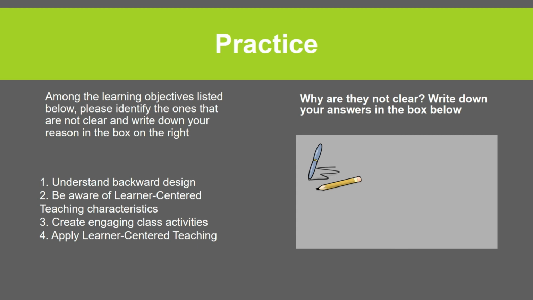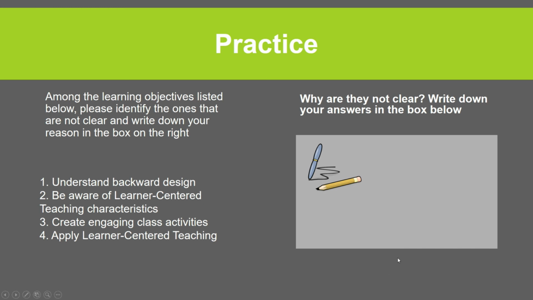Awareness is a very general idea, and so instead we would replace that with identify the learner-centered characteristics. Create engaging learning activities. That one you would see was in the creating list of specific behavioral verbs, so that would work. Apply learner-centered teaching was also in the list of Bloom's taxonomy, and so that one would be fine as well.